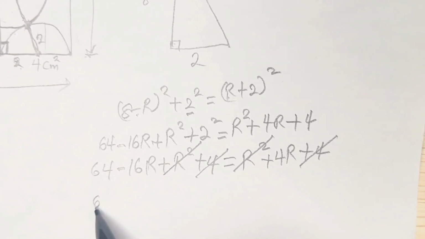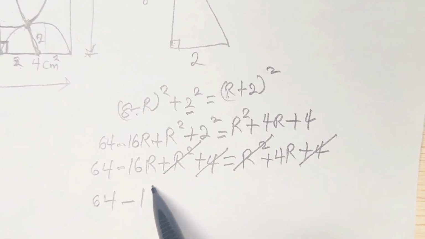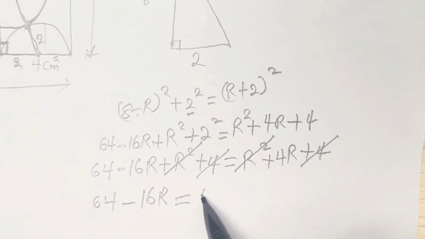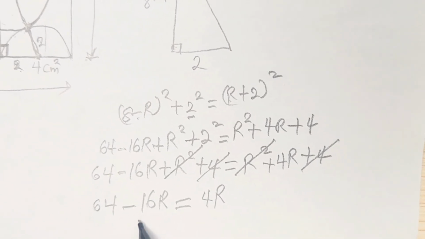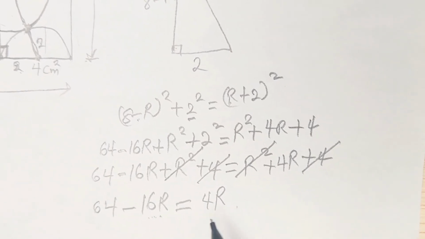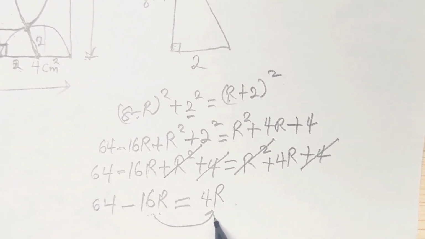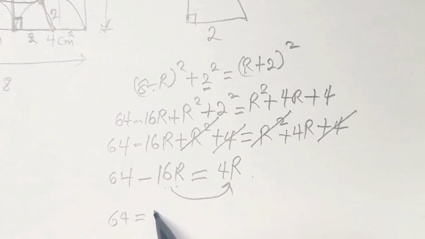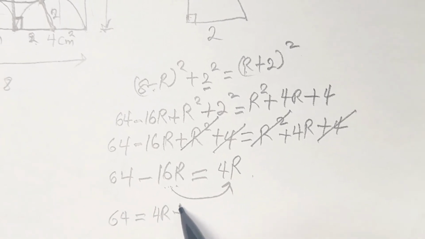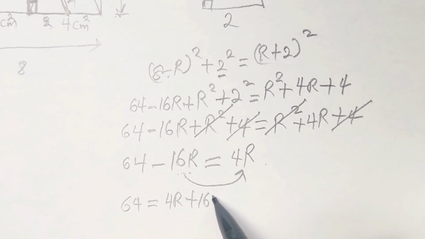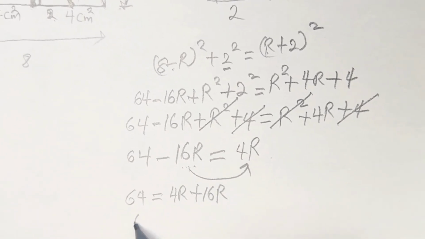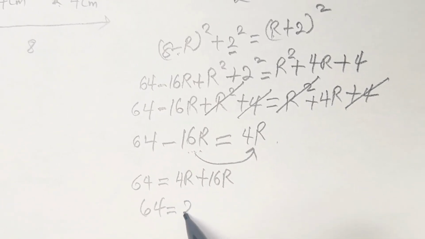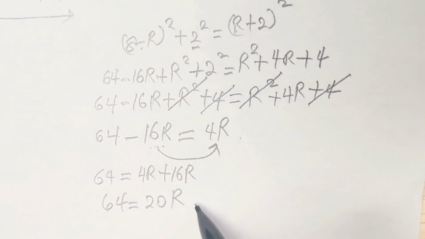So what do we have left? We have 64 minus 16R equals 4R. 16R can come over to this side and it will become plus 16R. So we have 64 equals 4R plus 16R. 64 equals 20R.